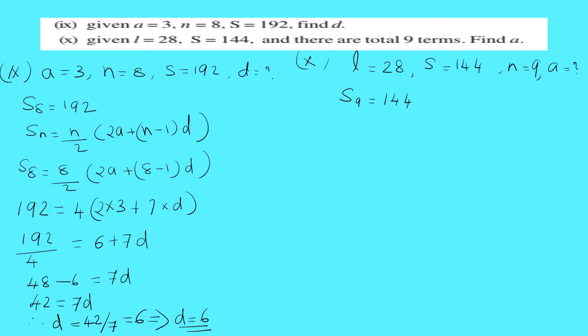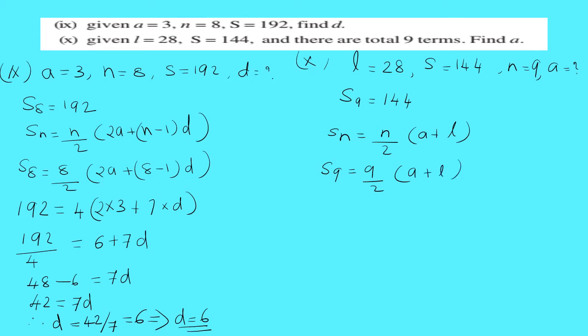Now you have to use the formula Sn equal to, first we will write the formula. Please always write the formula first. Sn equal to n upon 2 multiply by, since here last term is given, you can write it as a plus l. That is S9 equal to 9 upon 2 multiply by a plus l.